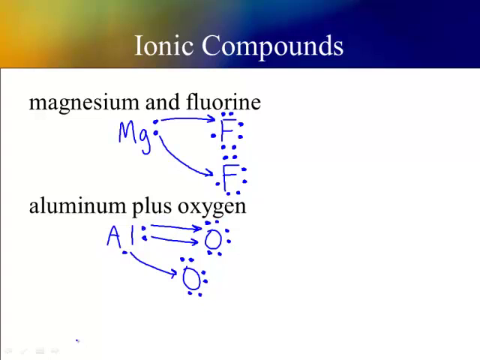So we draw another aluminum to provide that electron. Now, we need 1 more oxygen atom.